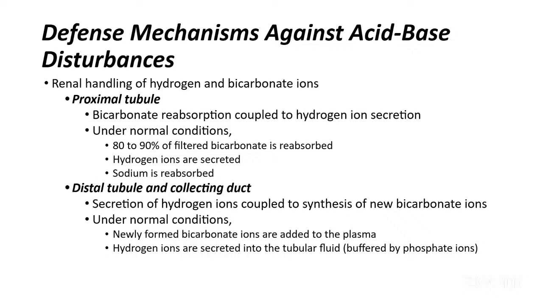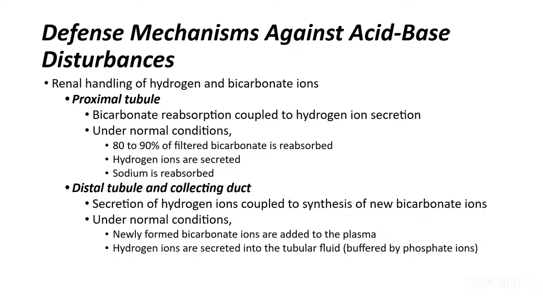We also have sodium being reabsorbed in the proximal tubule. That's important primarily because sodium gradients drive so much of what's happening in cells. So movement of sodium is going to be helping us transport things as we look at what's going on in the proximal tubule.